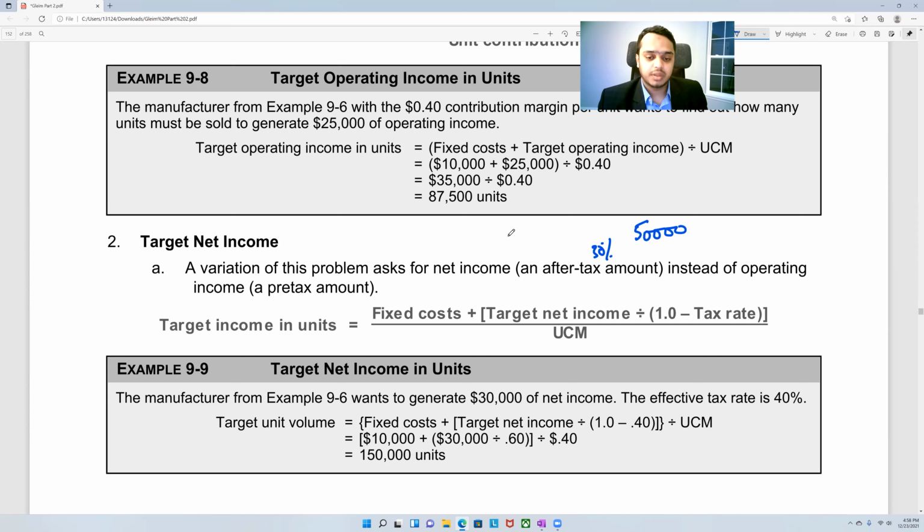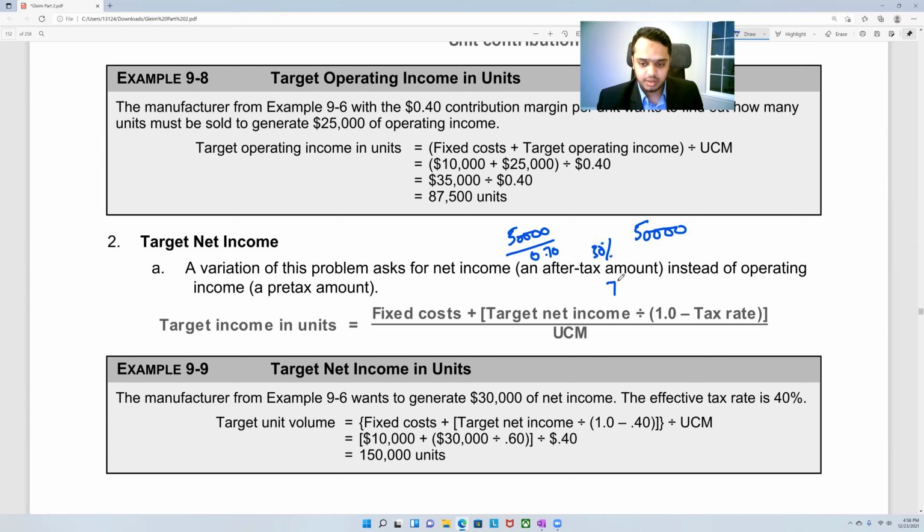You take 50,000 divided by 1 minus tax rate, which is 0.70. What will you get? Just take a calculator, which I hope you guys have. 50,000 divided by 0.7 gives 71,428. So that will be your target profit.